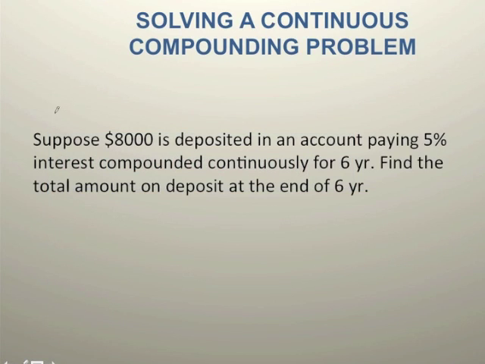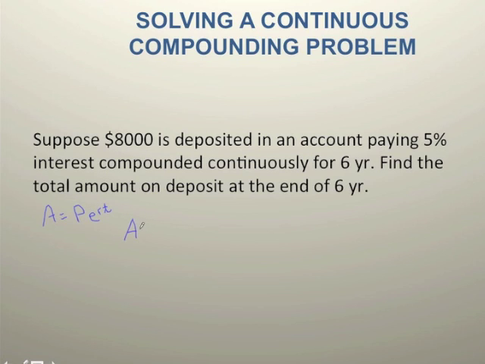So here's a problem. Suppose $8,000 is deposited in an account paying 5% interest compounded continually for 6 years. Find the total amount on deposit at the end of that 6 years. So A equals P e to the RT.